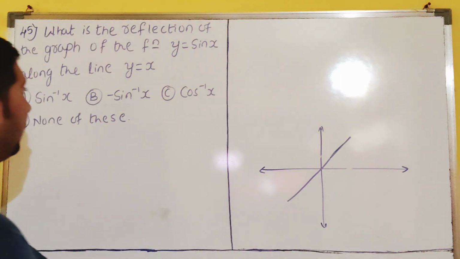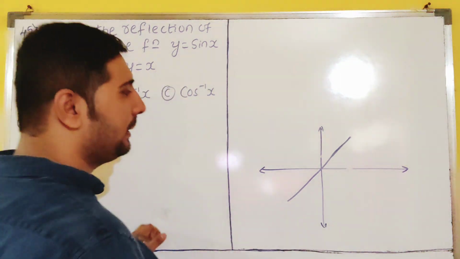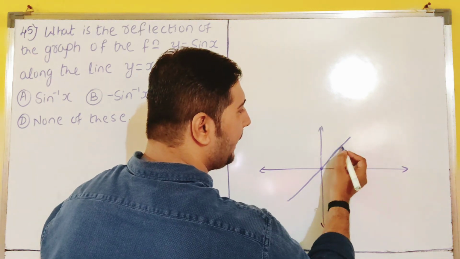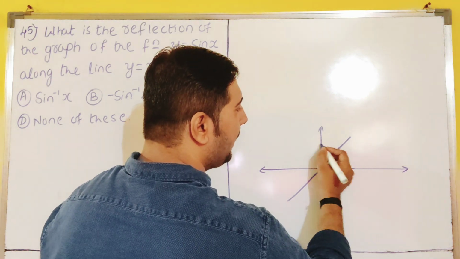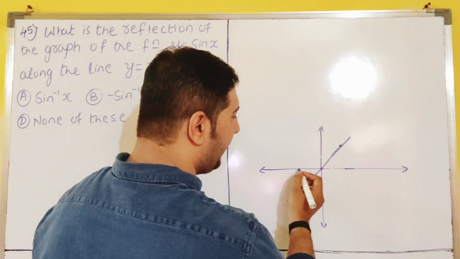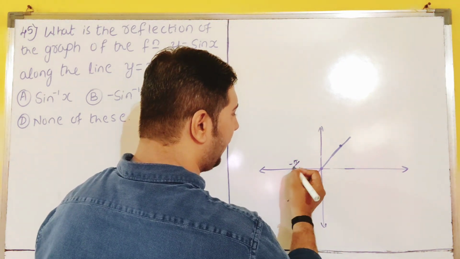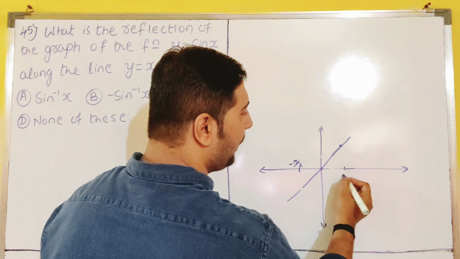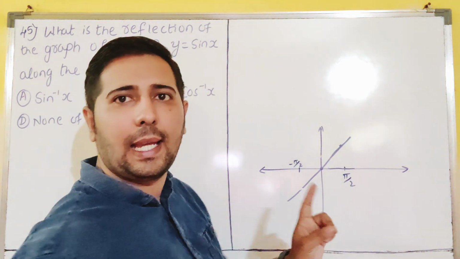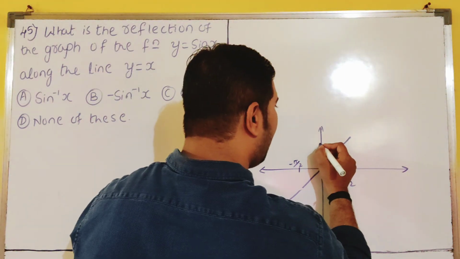So now sin x graph is what? Sin x, just now I have shown you. Sin 0 is 0. Sin 90 is what? 1. So 1 means here it will come on this point. So sin minus 90 is what? This is minus 90, you think. This is plus 90 we got. Sin 90 is 1. This is 1, dear students.